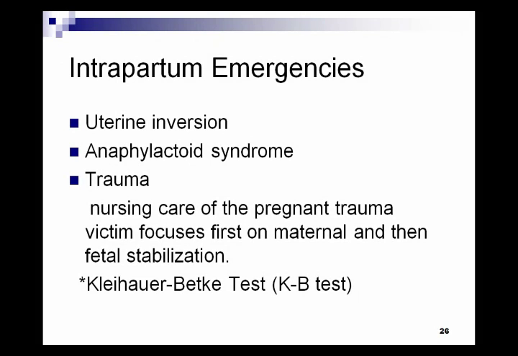We also worry about placental abruption. We want to make sure there's not enough trauma that she releases her clotting factors, which can put her into DIC. In fact, motor vehicle accidents are the leading cause of blunt trauma during pregnancy.